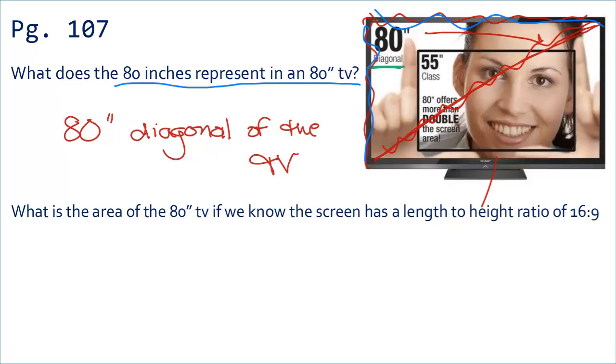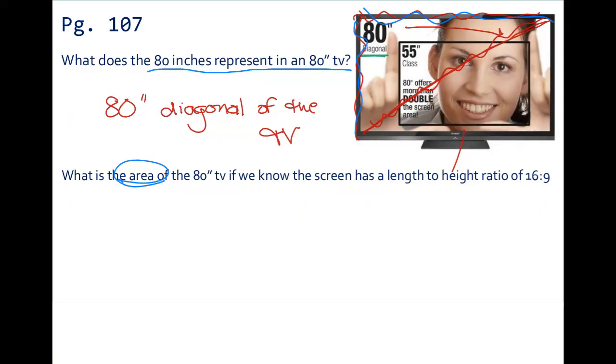So this says, what is the area of the 80-inch TV? Area, that's an important word for us to know. If we know the screen has a length to height ratio of 16 to 9. Ooh.